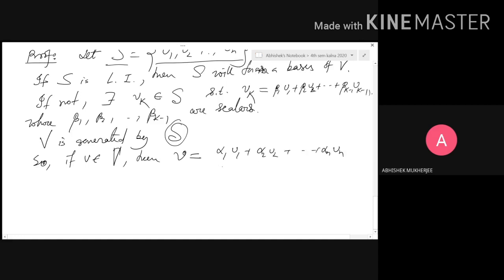Now, amongst these vectors, if you look at the kth term, you just put the linear combination of Vk in the kth place of this expression.